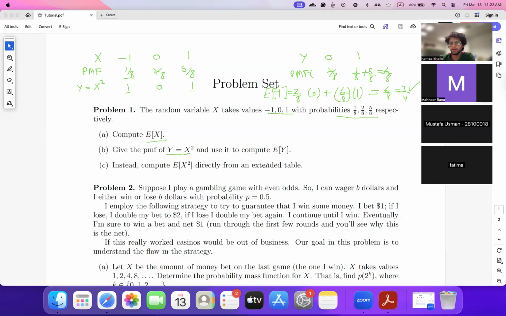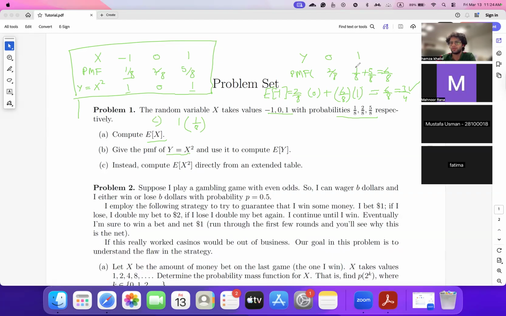Compute E of x squared directly from an extended table. Well, this was my extended table. It's a pretty simple question. Now I'm using this table to compute E of x squared. First, I was directly computing it from the table over here, which was just the PMF of y, right?